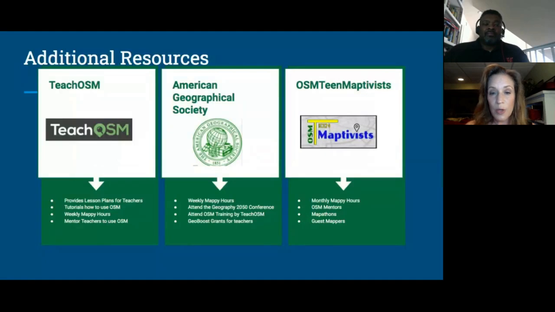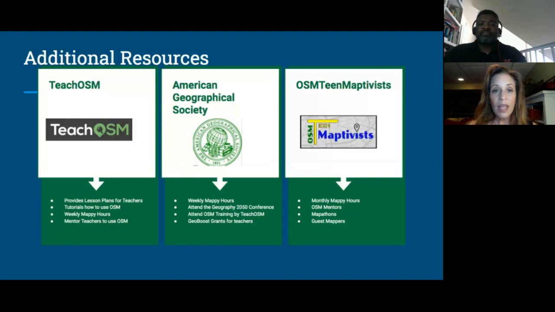I think they're going to go back to live next year, and they have an entire morning where you can meet the Teach OSM team, learn about how to use buildings, and ask them all sorts of questions. It's wonderful even if you already know OpenStreetMap, and it's another opportunity to ask lots of questions and get familiar with how to use it within your curriculum.